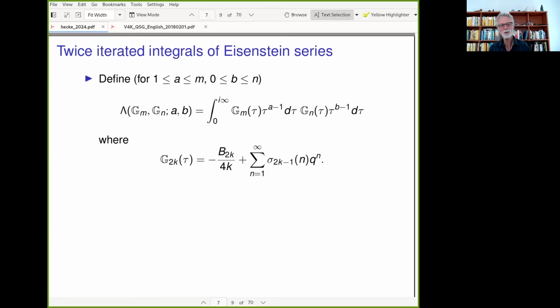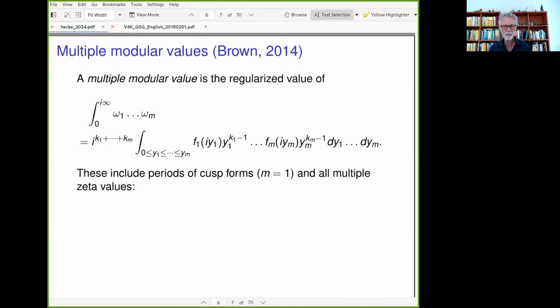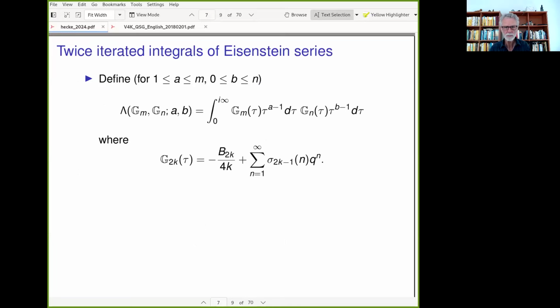Another example is to take twice iterated integrals of Eisenstein series. Oh, did I define these guys? Yes: this blackboard bold G_{2k} denotes the normalized Eisenstein series. And so we can look at this iterated integral, or the period of this iterated integral obtained by integrating up the imaginary axis.